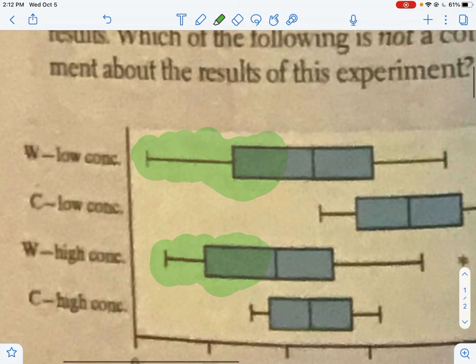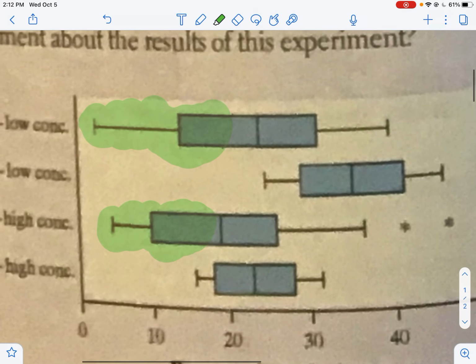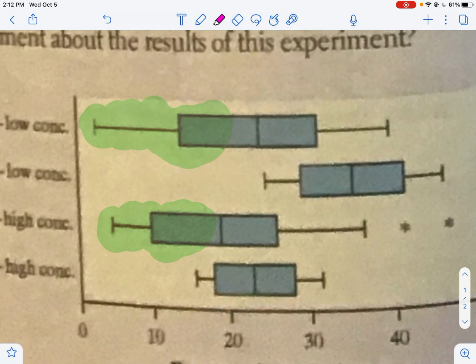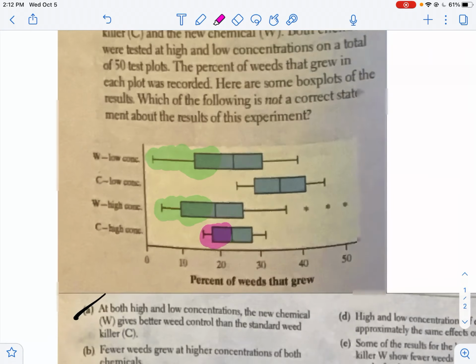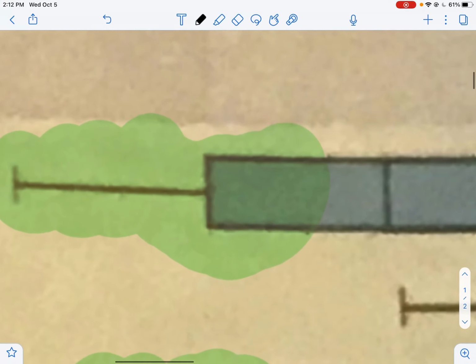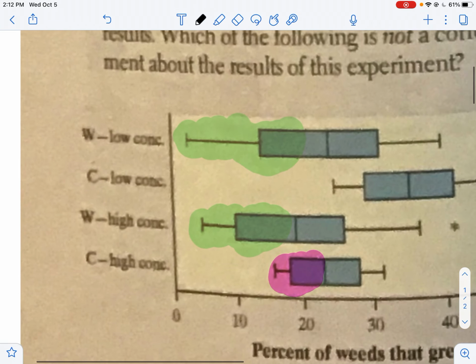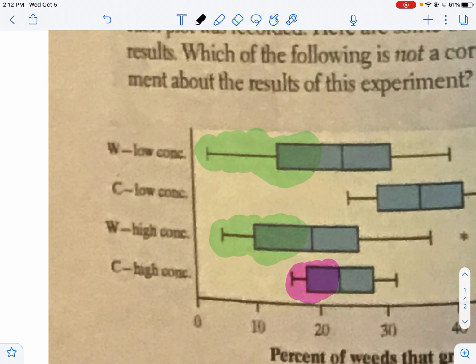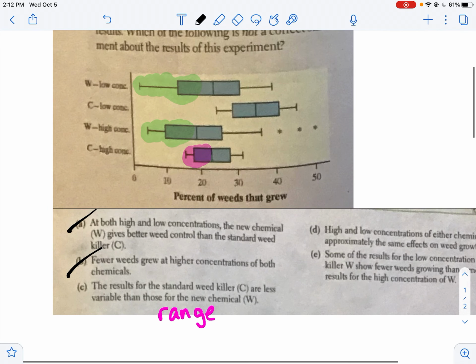When we start using high concentrations of C, we just begin to see some comparable percentages. So I can't say that fewer weeds grow at higher concentrations of both chemicals, because I'm seeing some pretty low percentages when I'm using low concentrations of W. So I can't go with B.